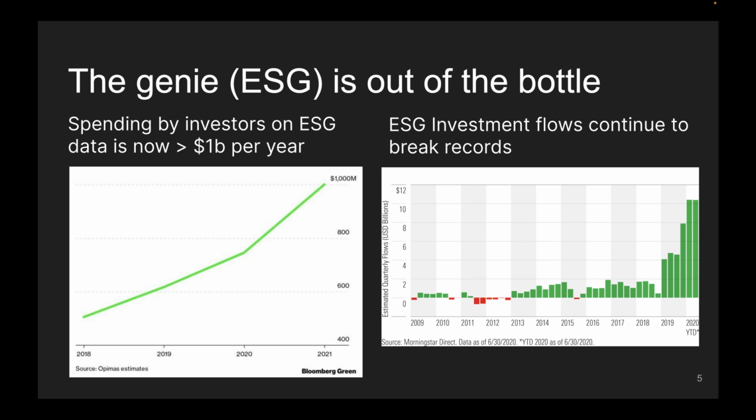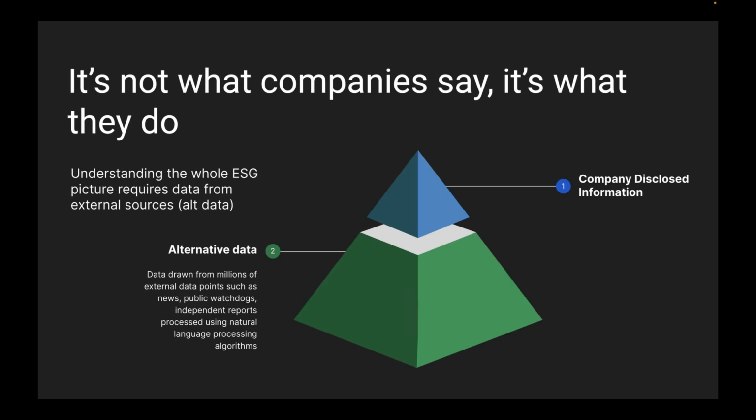As asset managers and pension funds have embedded ESG into their processes, and things have become more structured and almost a table stakes requirement, it's not really something that's going to stop anytime soon. This is key to understanding where the growth is for ESG.